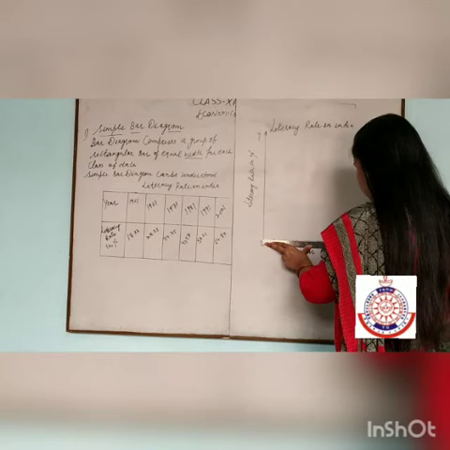First of all 1951, then 1961, 1971, 1981, 1991 and 2001. Now in 1951, 18.33. Here we are taking the percentage.